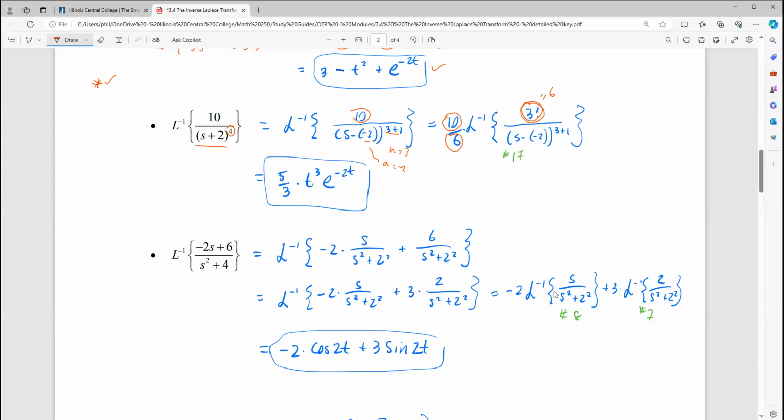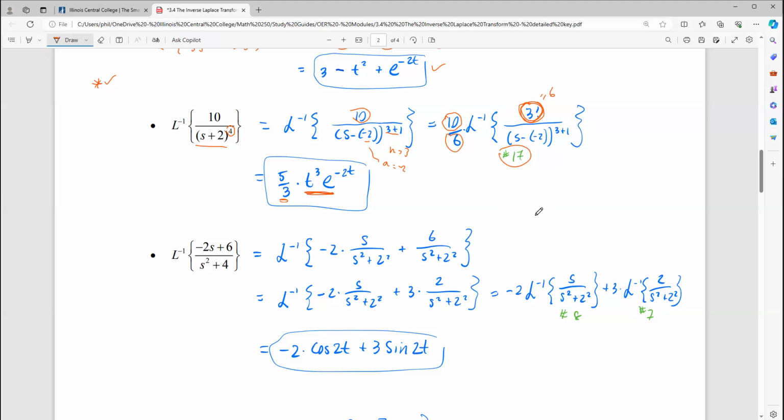So this is the exact same function with the right factorial in the numerator. At that point, we can apply rule number 17 and get this. Outside we have 10 over 6, which is equal to 5 over 3. So I just have to manipulate it a little bit to make the form match up with my Laplace transform table.